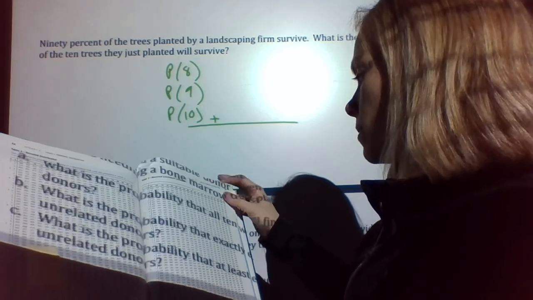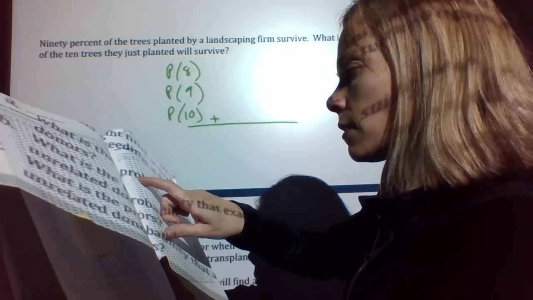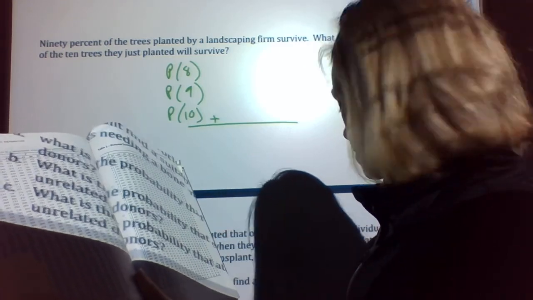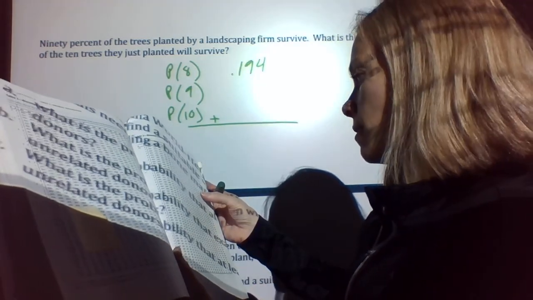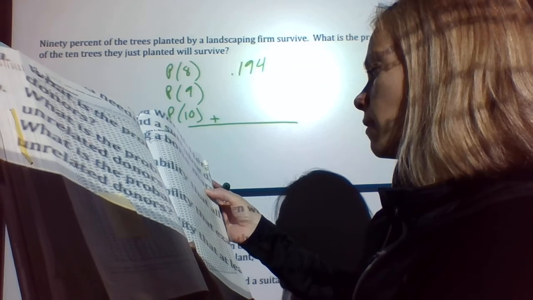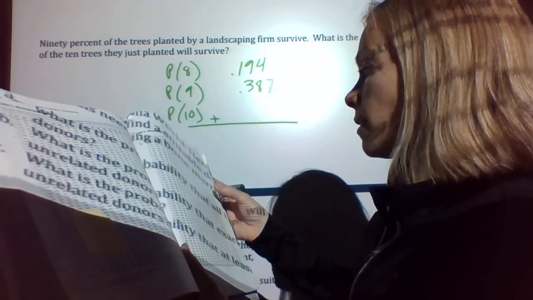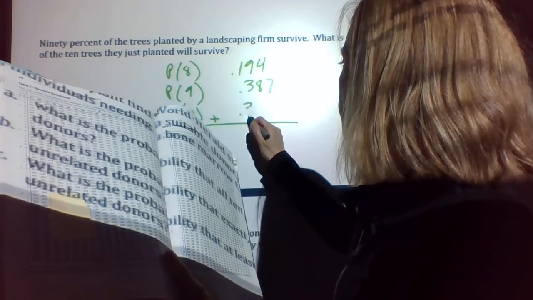So 90%, 8 out of the 10, 0.194, 9 out of the 10 would be 0.387, and 10 out of the 10 would be 0.349.